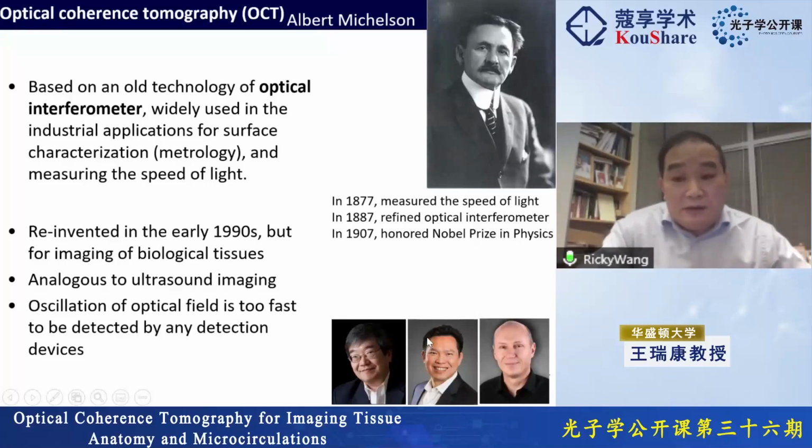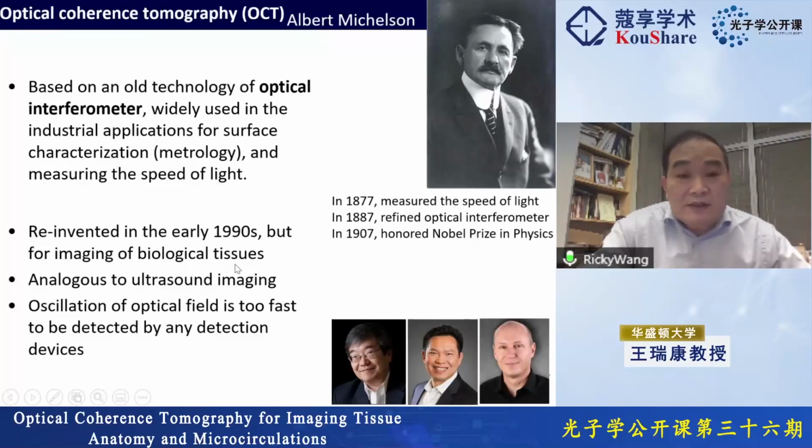Because we know that if you shine light onto human tissue, the light will penetrate into the tissue. If you can measure that penetration of the light using the Michelson interferometer, then you can look at distance in the biological tissue. So the key difference is really looking at the biological tissue, okay?